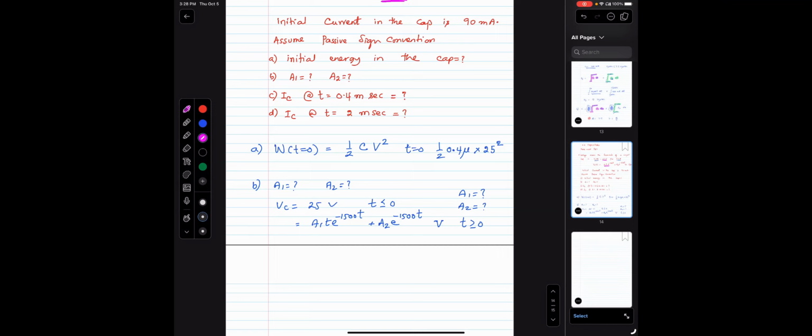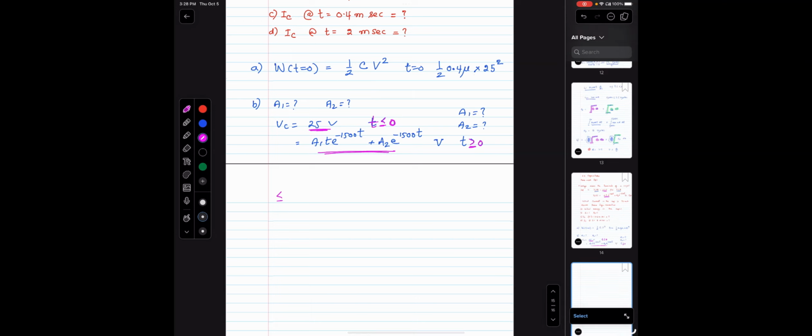Think about this. For t less than or equal to 0, the initial voltage is this one, and for t greater than or equal to 0, it is this one. So for t less than or equal to 0, it is 25 volts, and for t greater than or equal to 0, it is this expression. Therefore, when you find the value of voltage at t equals 0, both of these should be equal because one is less than or equal to, the other is greater than or equal to, so they intersect at that time.